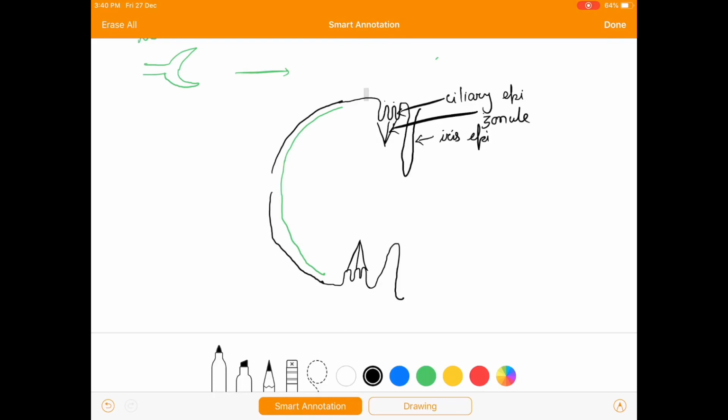All these are from the outer lip. This outer lip also forms the retinal pigment epithelium, and this inner lip gives rise to the neurosensory retina, all the 9 layers.